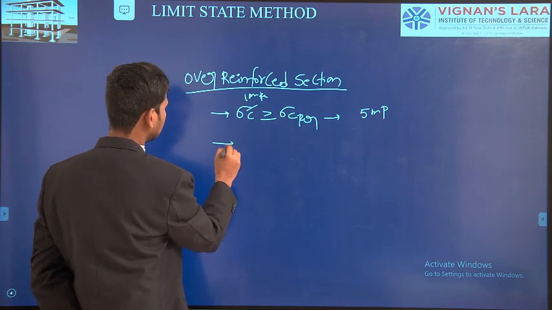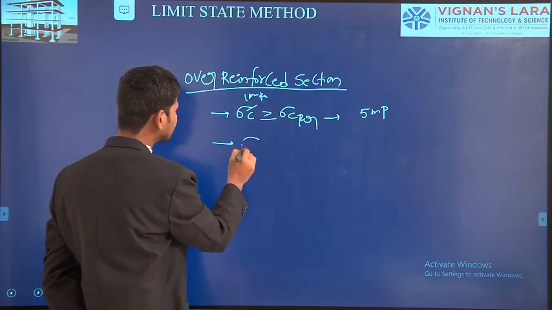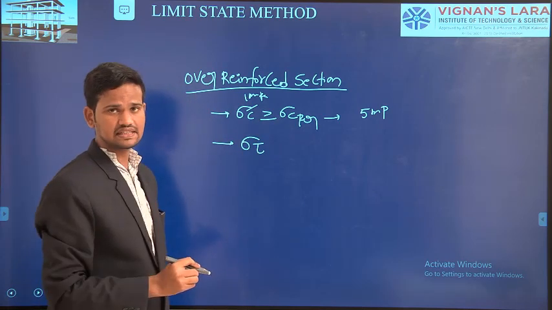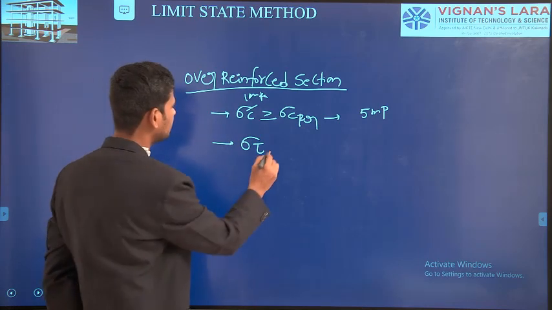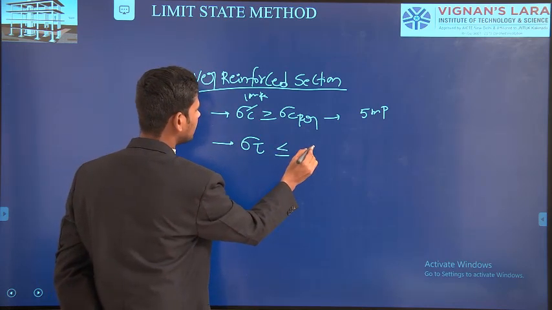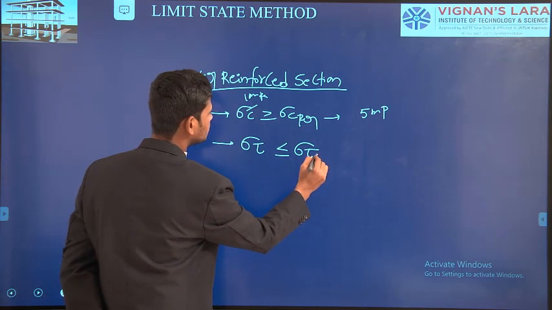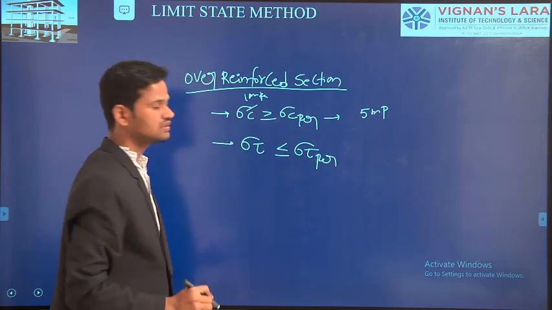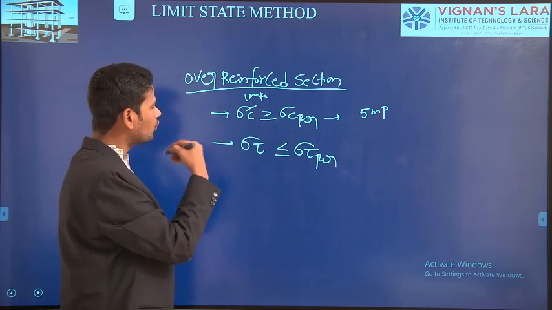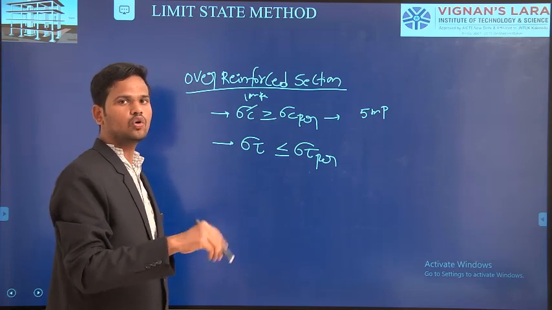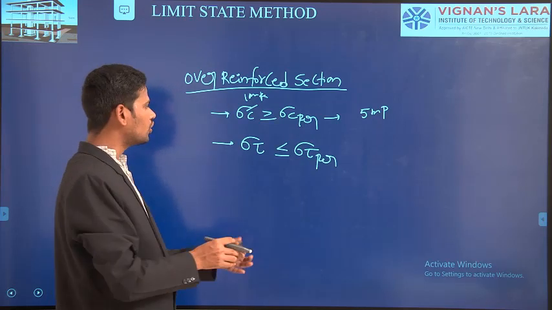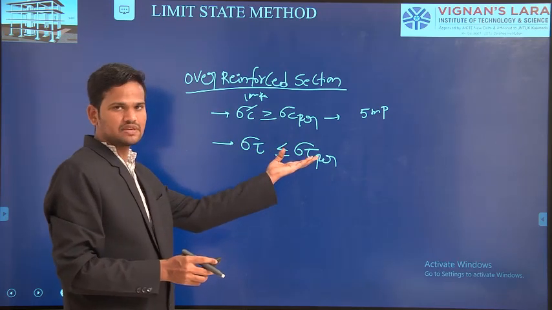Again, if you check here, the tensile strain or the tensile stress we are providing in the section will be less than the permissible tensile strain of the steel. That means, due to more provision of steel, the stress you are getting will be less than the permissible stress.